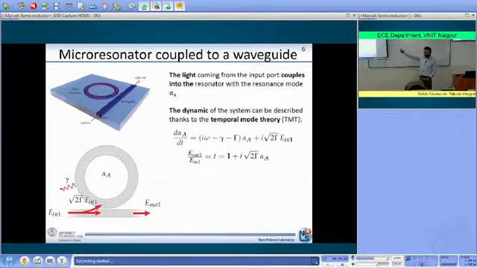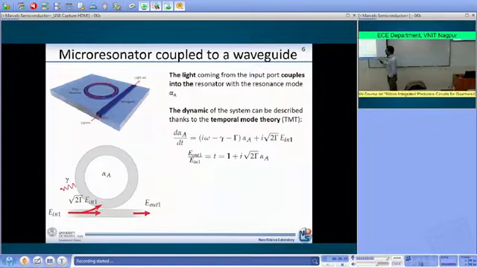So it's the frequency at which the mode is traveling inside the microring resonator. Then you have a first negative contribution, small gamma. This small gamma describes the losses that occur while the field is moving inside the microring resonator. The larger the losses, the faster the decrease of the optical field inside the microring resonator.